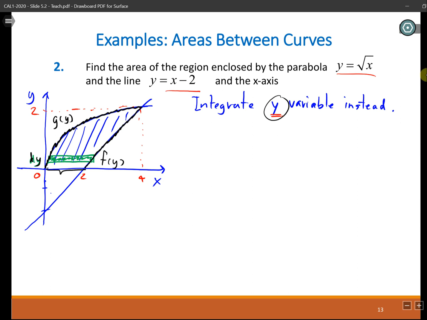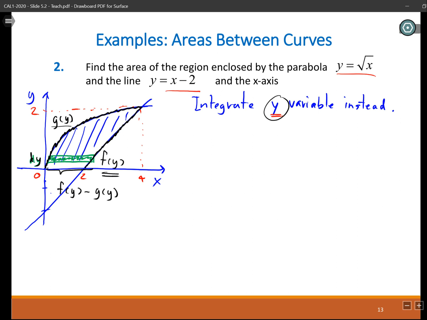If we want to find the width of this rectangle, it has to be positive, right? So it has to be the higher value of x, which is fy, minus the lower value of x, gy. So the width of this rectangle is going to be fy minus gy.